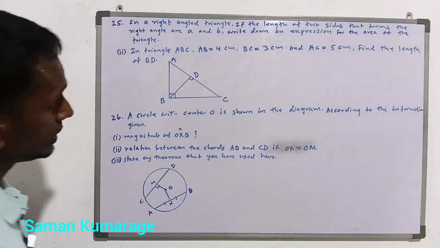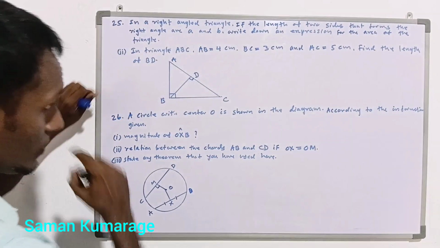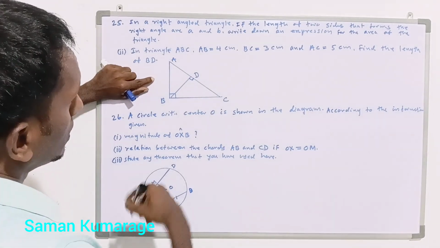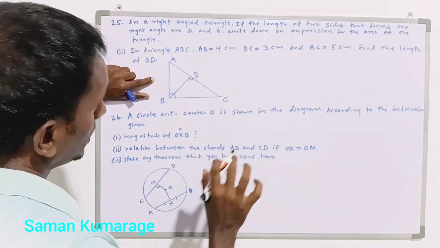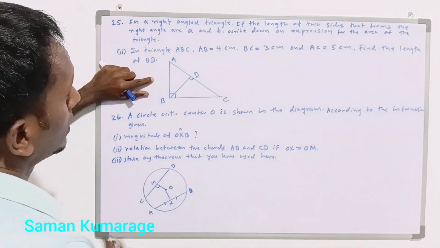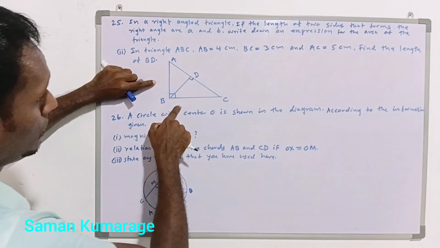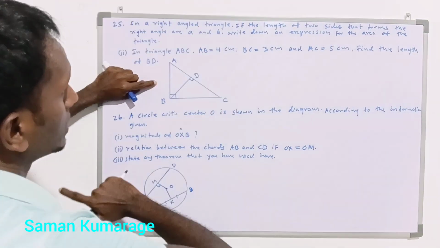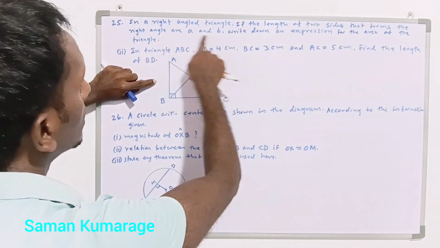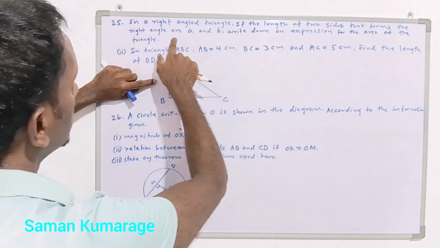We know the formula for the area of a triangle, but before that we need to name these two sides according to the information.